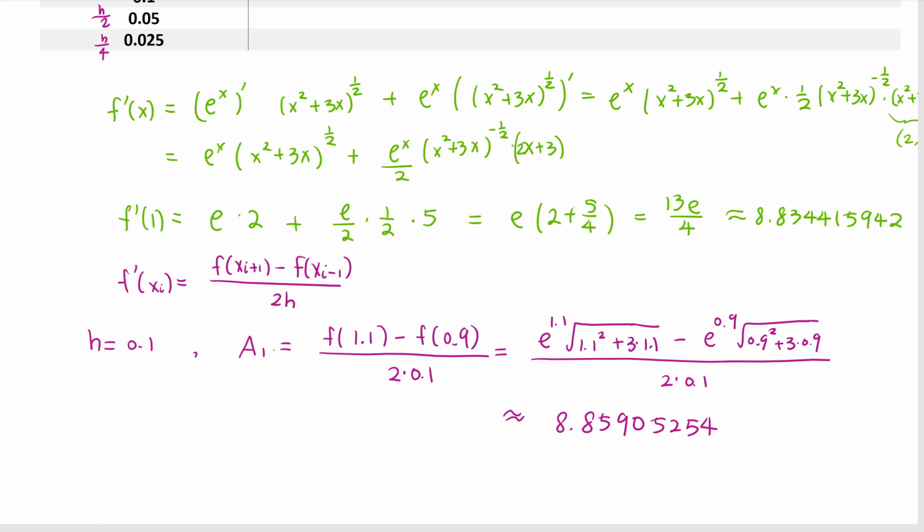Okay, let's see when h over 2 is 0.05. And then we have A2. A2 is f of 1.05 minus f of 1 minus 0.05, which is 0.95, over 2 times 0.05. Okay, what are we going to change?